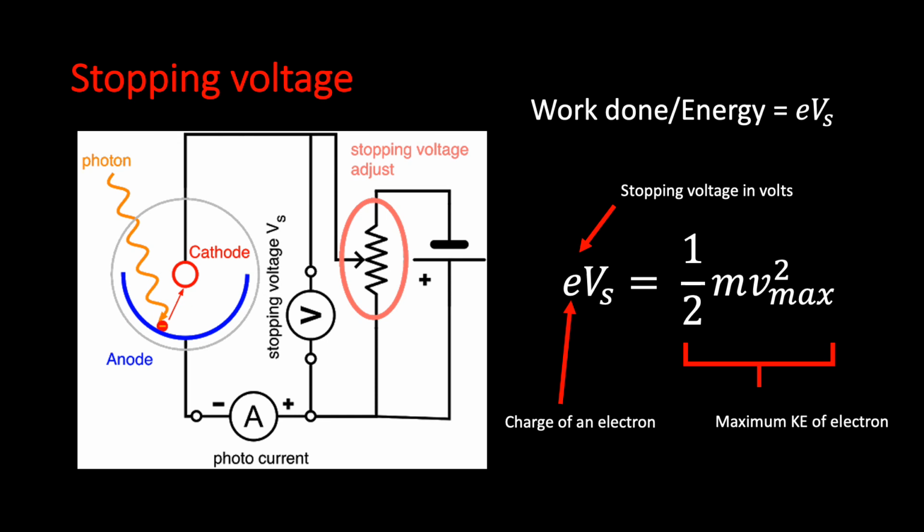The minimum potential needed to stop photoelectric emission is called the stopping potential and denoted by Vs. At this potential, the maximum kinetic energy of the emitted electron is reduced to zero, because each emitted electron must do extra work equal to the electron's charge e times the stopping potential Vs to leave the metal surface. Hence, its maximum kinetic energy is equal to the charge of the electron times the stopping potential Vs.